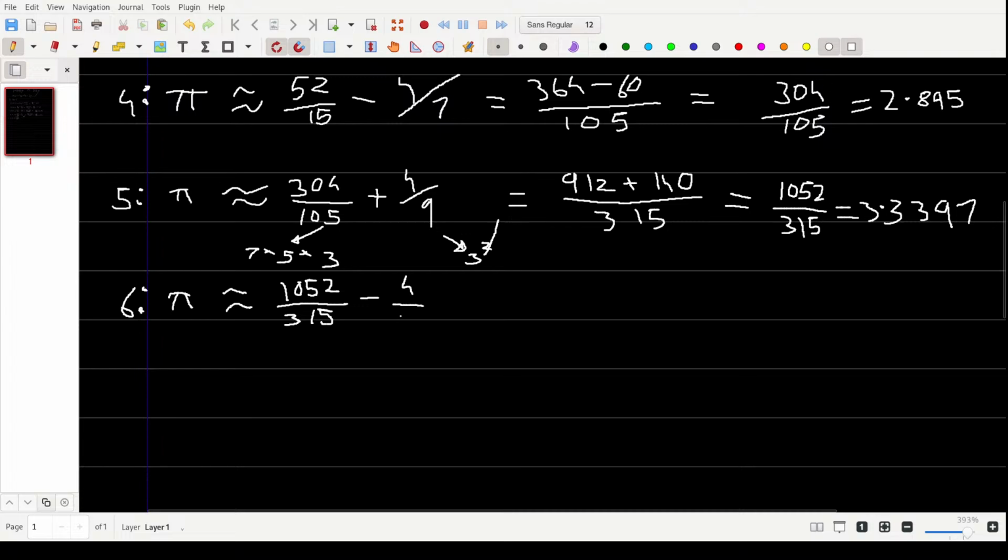minus 4 over 11. And then is there a common factor? 315 divided by 11. Is that a thing? I don't think it is. Nope, it is not. So you do 315 times 11. And can I be bothered to work it out?